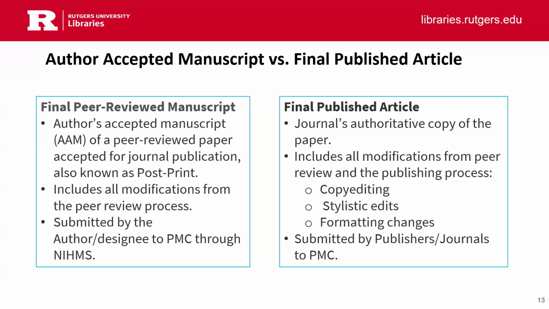The other version is called the final published paper. That is the journal's authoritative copy of the paper. And that includes copy editing, stylistic edits, and formatting changes, in addition to the modifications from the peer review process. So that is the publisher's or the journal's copyrighted version, depending on whether it's OA or not.